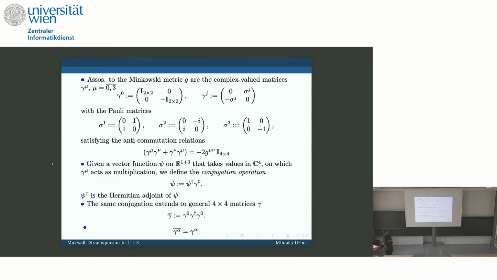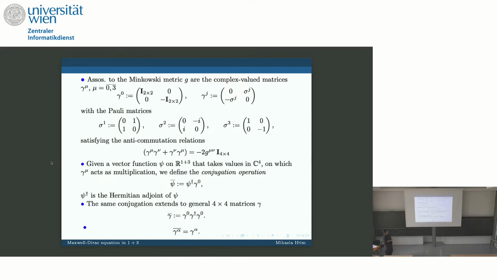So when I put psi bar, I'm actually referring to the Hermitian adjoint, this psi star, and I'm going to multiply that by the gamma matrix, gamma 0. So this is going to give you another vector as well. Now you can extend this definition, because apparently this conjugation operation just works for vectors, but you can do better than that.